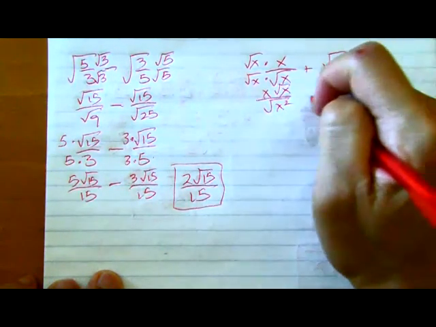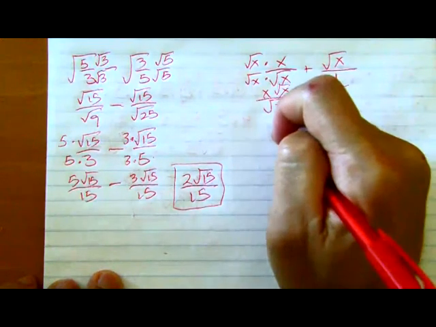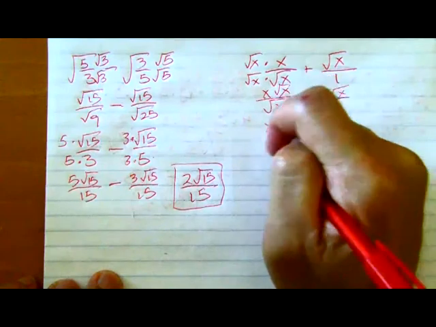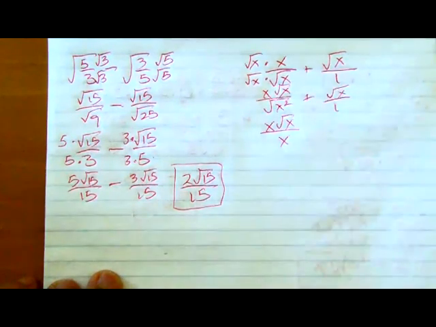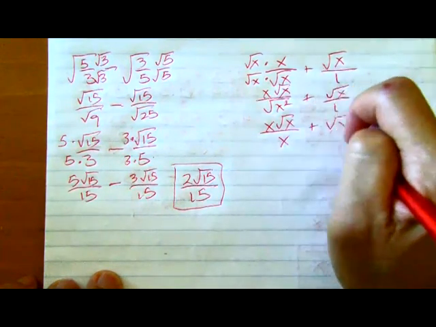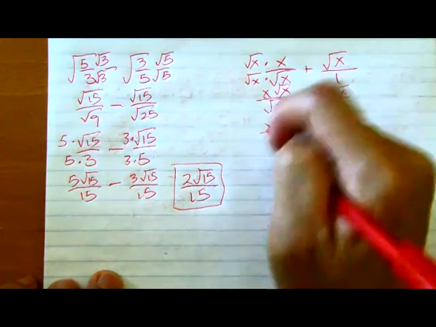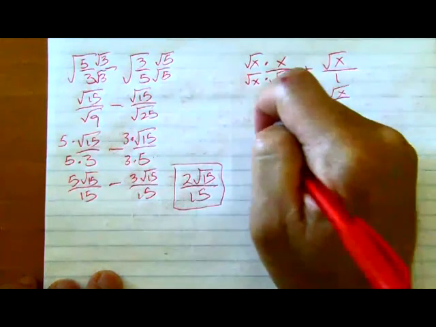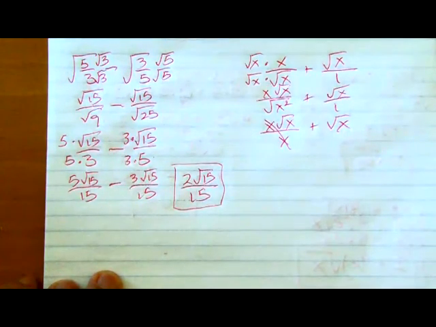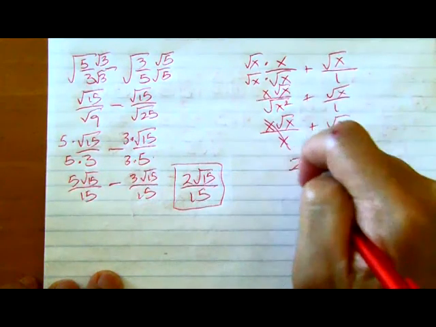The denominator is fine for that. We'll just leave it, radical x over 1. So now we have x radical x over x plus radical x. Oh, the x's cancel. I went for the 1 here, but we don't need a common denominator. The x's cancel. Just 2 radical x.